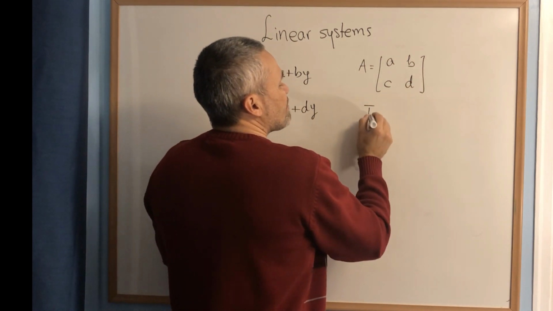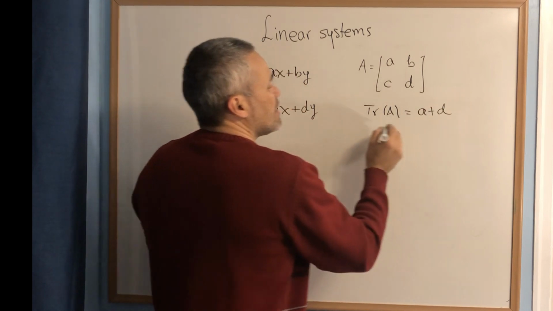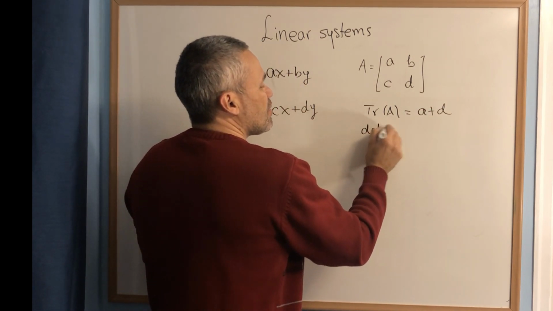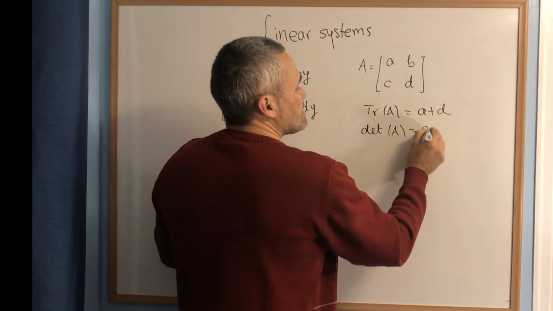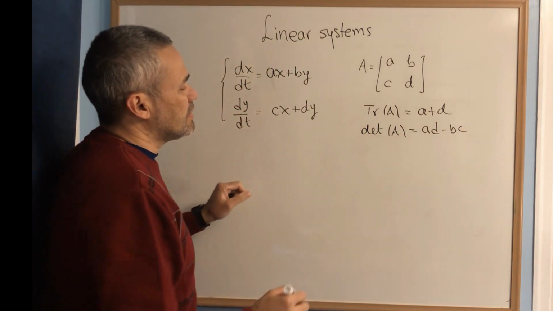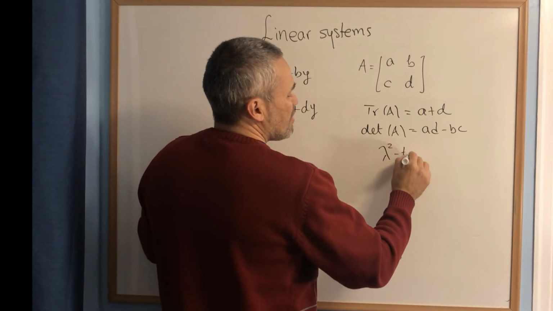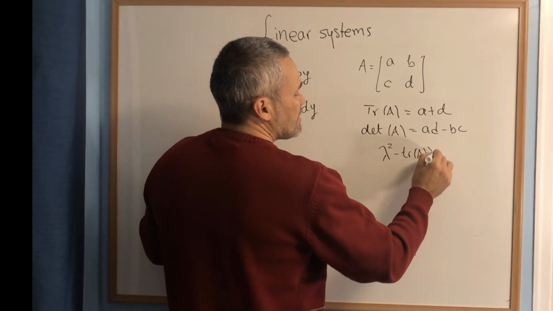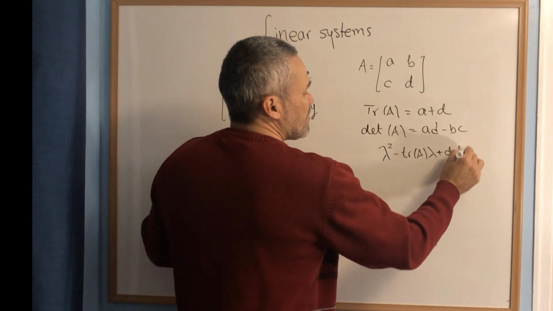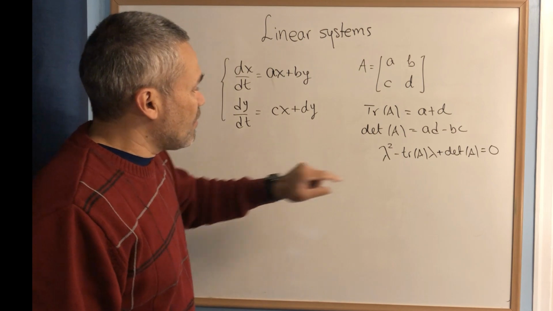Remember that the trace of A is just a plus d, and the determinant of A is ad minus bc. And then the characteristic equation is lambda squared minus the trace of A times lambda plus the determinant of A equals 0. And then we solve this.